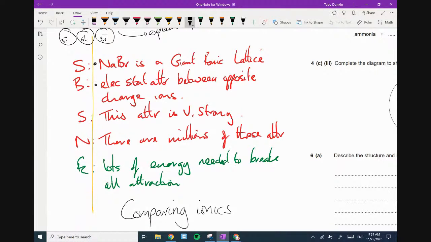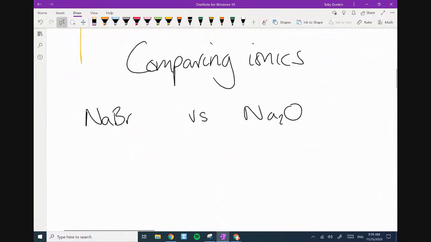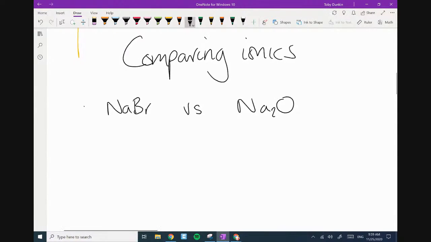They need to be quality sentences. You can't just write single words. But five bullet points, and then the SBSNE in the margin, because you don't mark anything in the margin. Okay, so it's nice to realize that we're now at the stage, guys, where you can build formulae. We know that sodium bromide is sodium bromide.